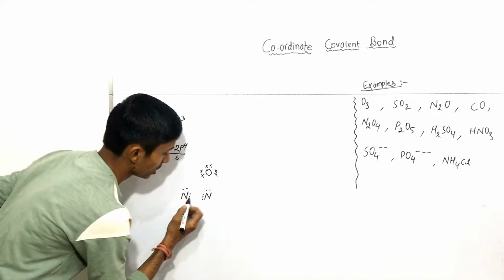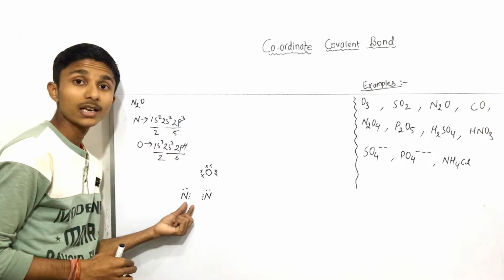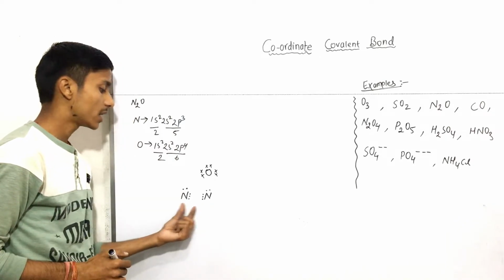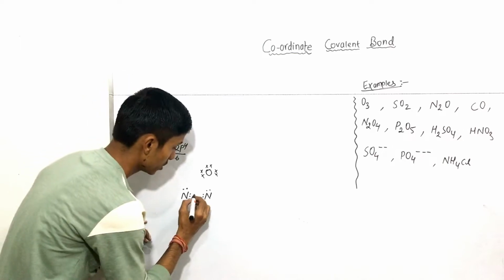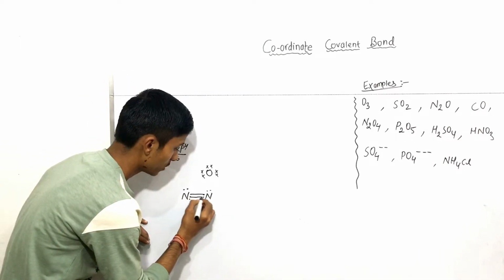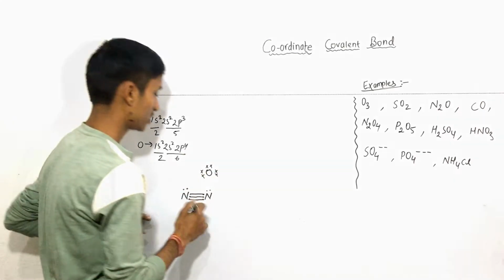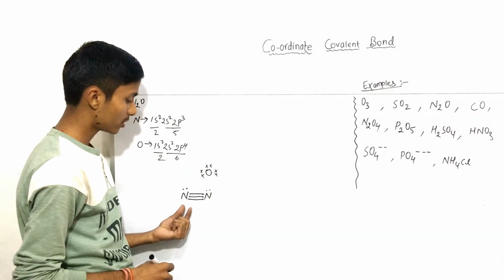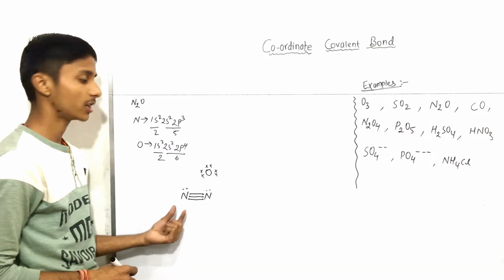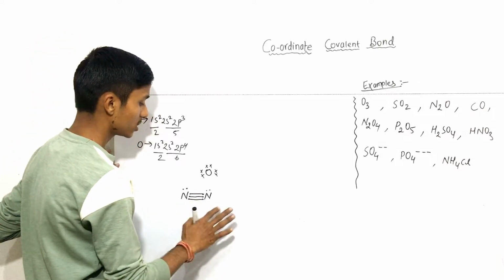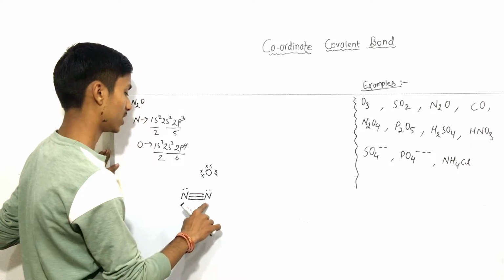Now you can see here a covalent bond exists between these 2 nitrogen atoms. So here 3 pairs of electrons get shared between these 2 nitrogen atoms, and here the octet state is completed for both nitrogen atoms. Now you can donate from any nitrogen atom.